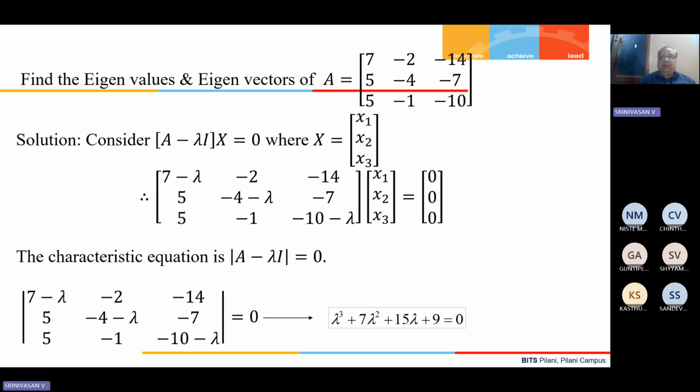So how to get the remaining 2 values of lambda? This being a cubic polynomial, a polynomial of degree 3, on the left-hand side only you have to divide by the linear factor. What is the factor?